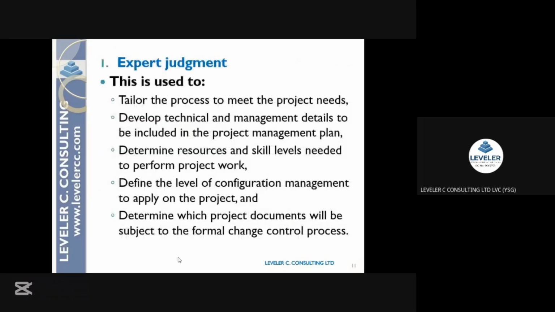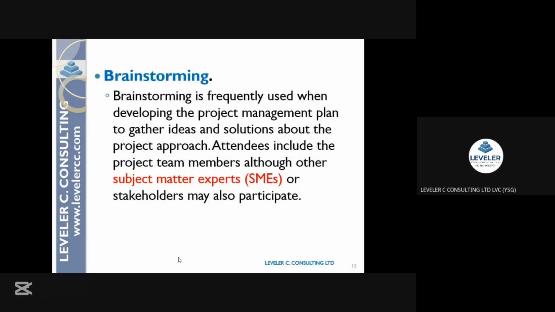We're also able to look at brainstorming, where we come together and begin to look at what possible approach we can use in running that project. And we can bring in experts, subject matter experts, SMEs, maybe experts in risk. They tell us, okay, this project I want to do, look at the risk involved.